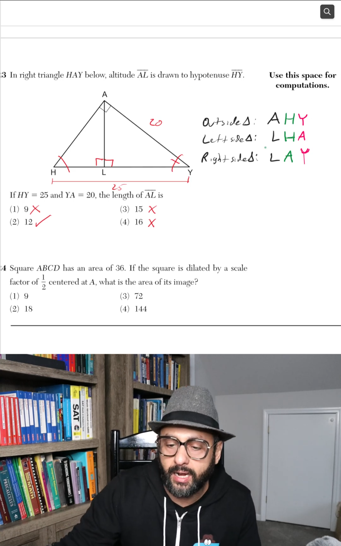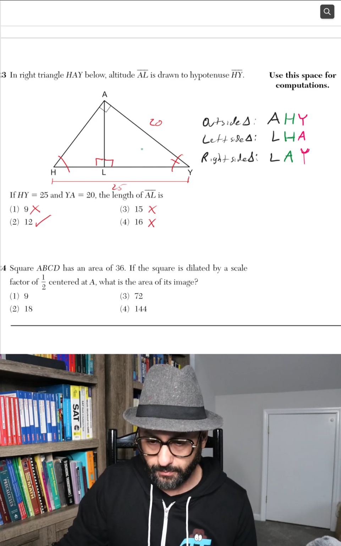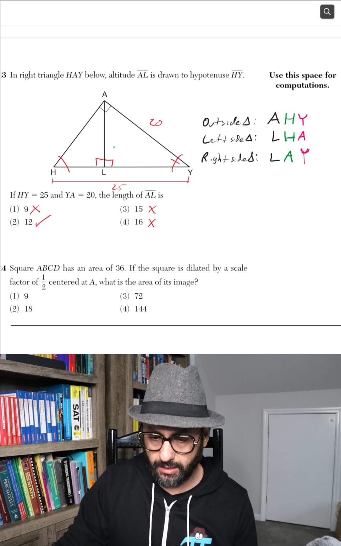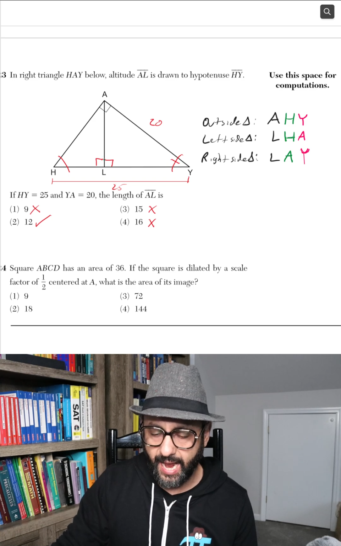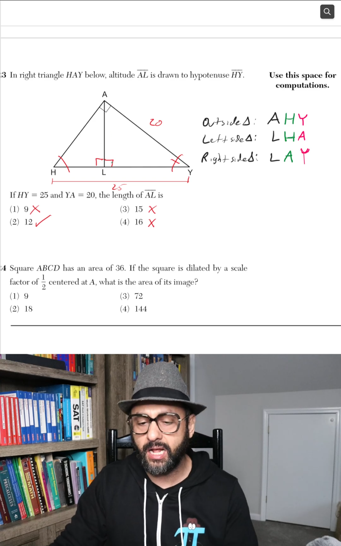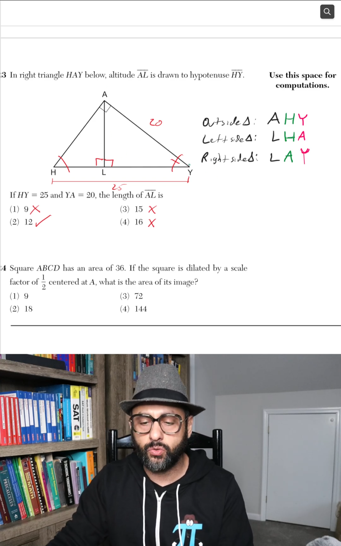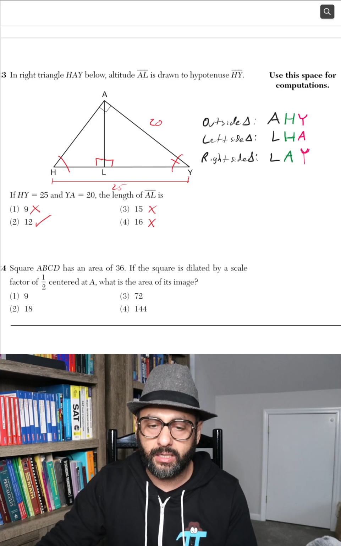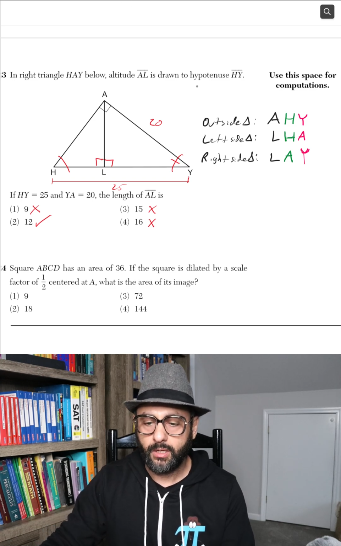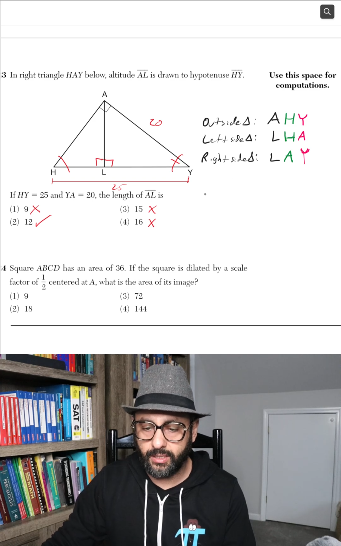Now I see that I need to make a ratio involving AL and a known side. AL is a side of the right side triangle, and so is AY. So I'm going to make that ratio of the right side triangle, that hypotenuse AY divided by AL.